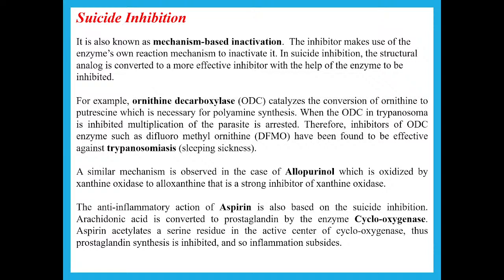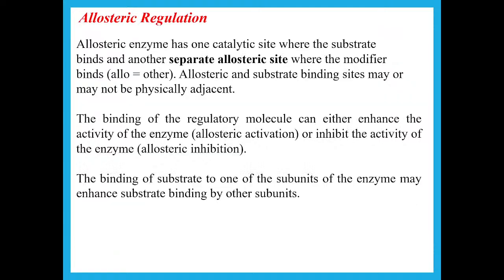Try to understand, because these queries and questions will come throughout till you go for PG. In PG also this question will come and you have to answer, and you should give a strong judgment on why you say it is competitive inhibition. Similarly, aspirin is there for suicide inhibition. Aspirin is an analgesic. Yes, NSAID. Very good.